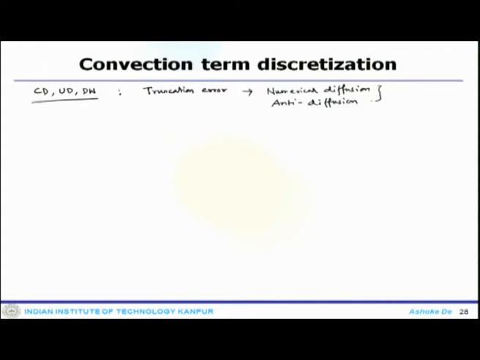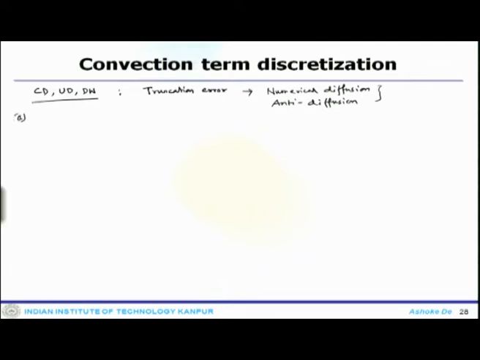The numerical diffusion actually takes the solution away from the exact solution. Now, we will look again, scheme wise, at what the errors are and what issues are associated with them.